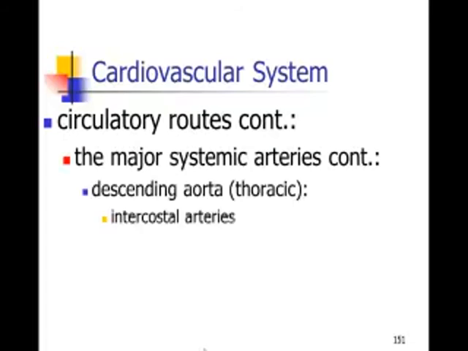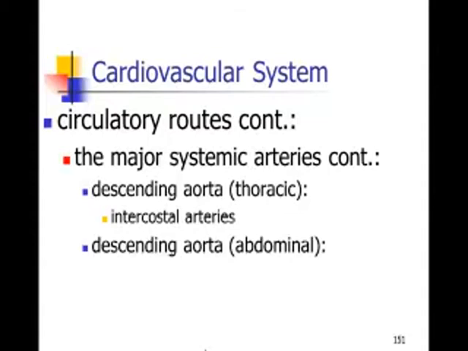The descending aorta is going to have the intercostal arteries that go out into the subcostal groove of the ribs. And then eventually the aorta gets to the abdomen, passes through the diaphragm, at the level of the T12 body. Just as a point of information, it passes through posteriorly.